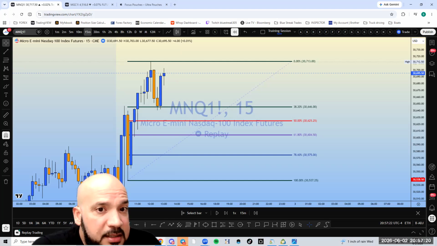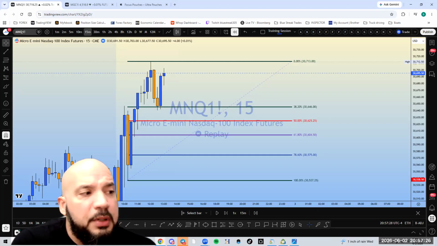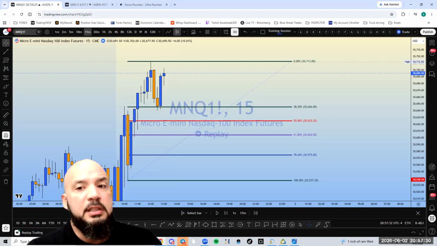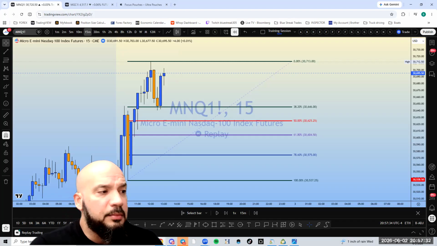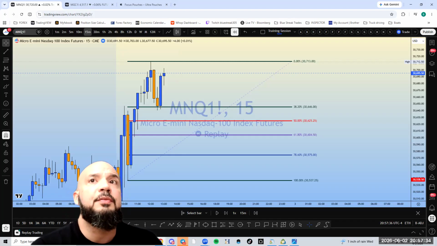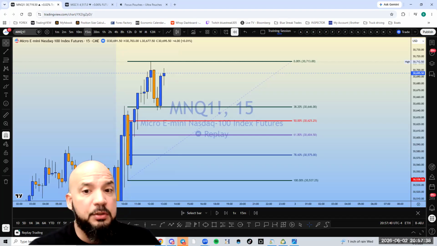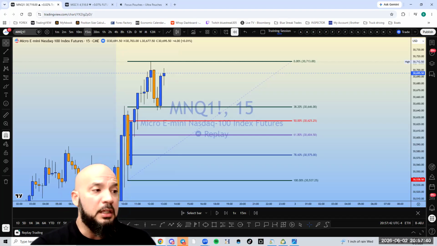Most of the pairs that I see that like to use a 38.2, a shallow retracement, are Forex pairs. Forex pairs tend to trade that. But when you're trading indexes, it's typically the 618 because indexes have deeper retracements. It's not the deepest retracement zone, but it is the money line.